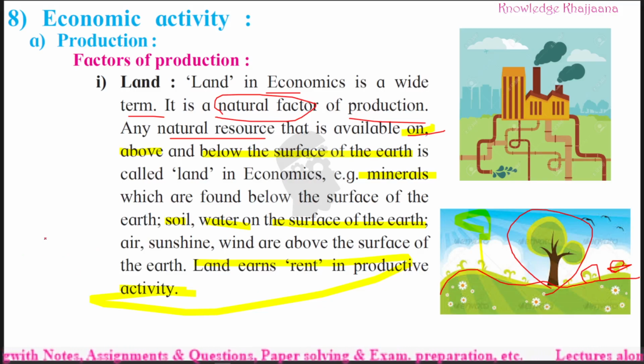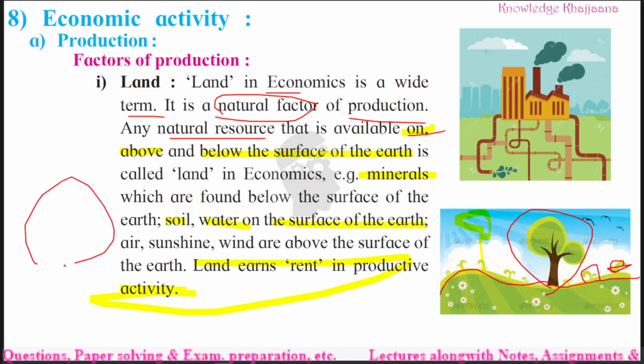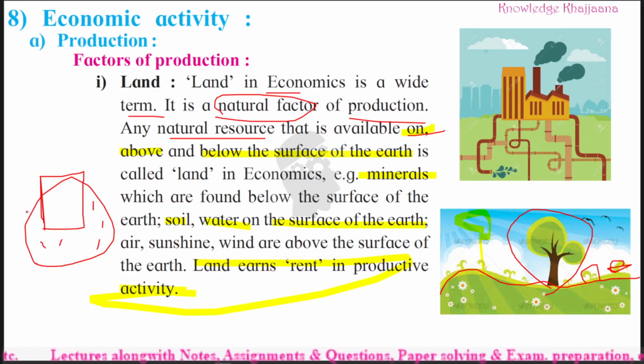You will take a piece of land on which you will build your factory. So this is the piece of land which you have taken from somebody. What will you give to that person in lieu of the land which you have taken from him on rent? You will give him rent. So rent is the remuneration that in lieu of using the land you will give to the owner, because you are a tenant.